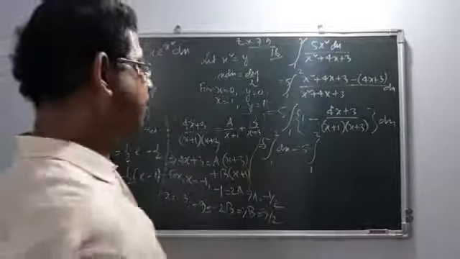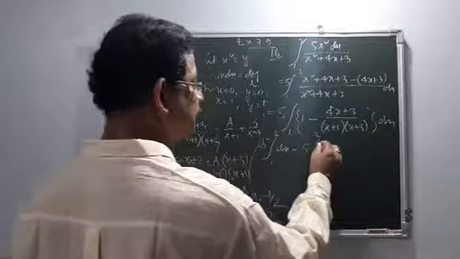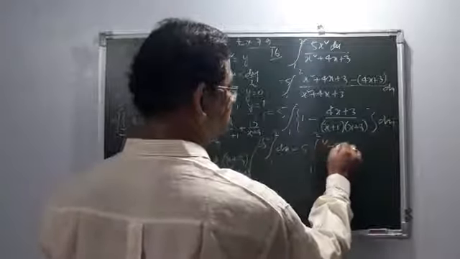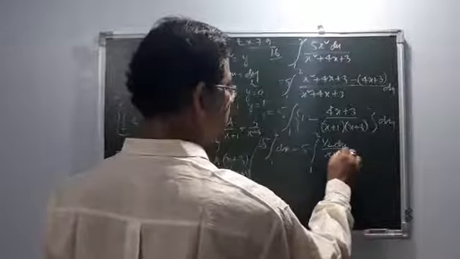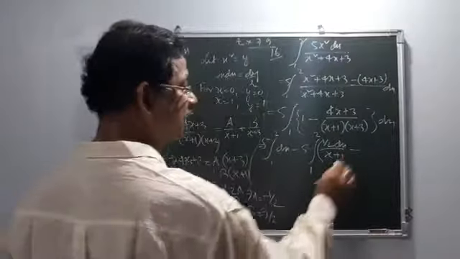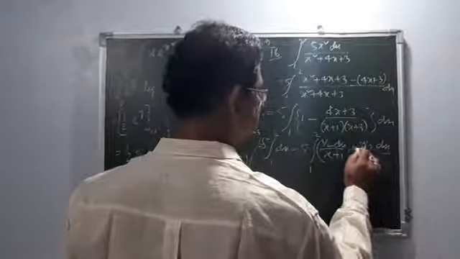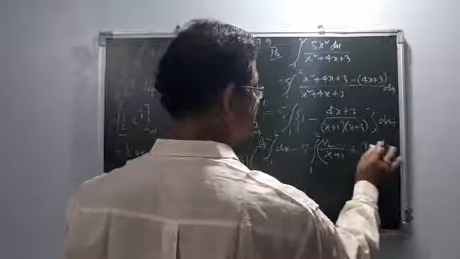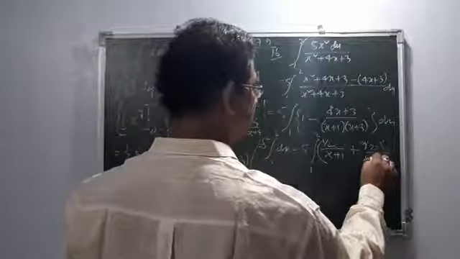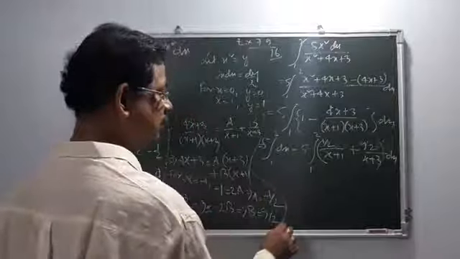Now we will apply here: A by x plus 1, that is minus half dx by x plus 1, and 9 by 2 dx by x plus 3. Better you write dx outside because we have still not isolated dx. So we are at the end of this one.